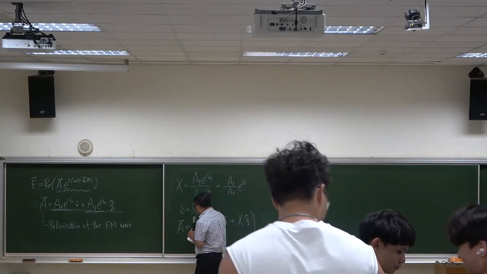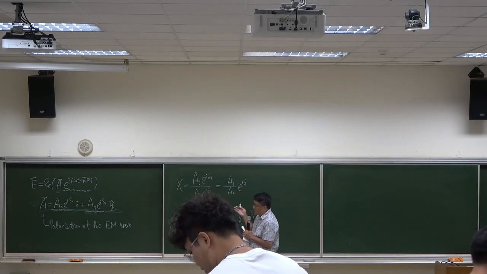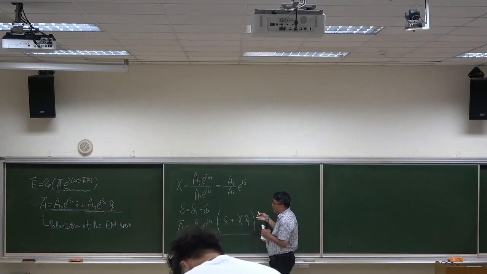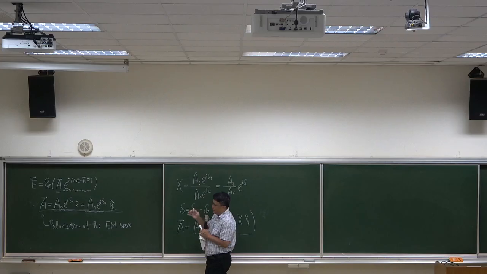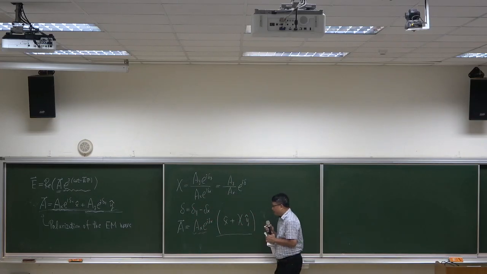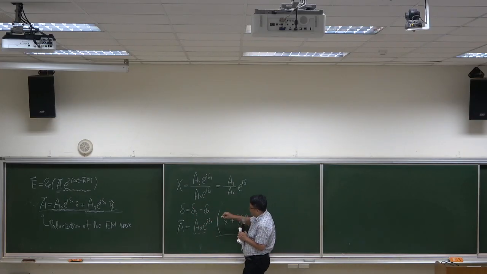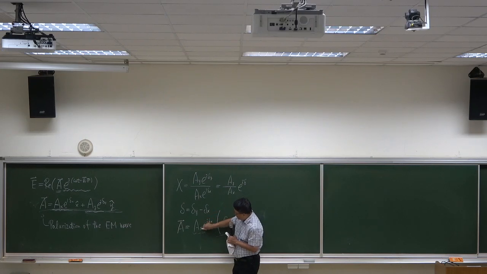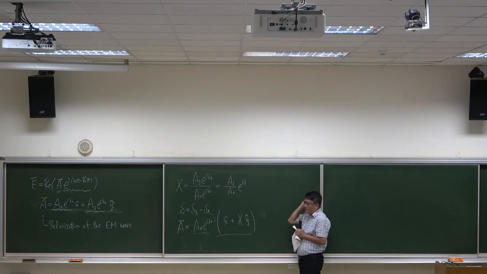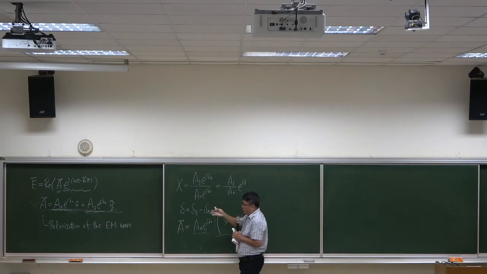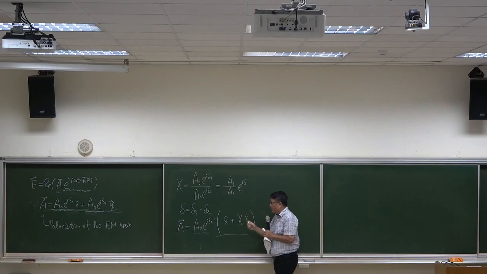So this part is not important in determining the polarization state of the wave, because what does delta_x mean? We can easily change the value of delta_x. How?